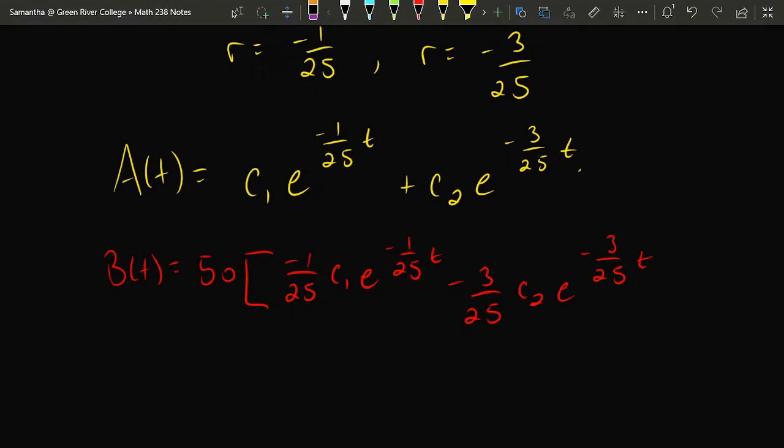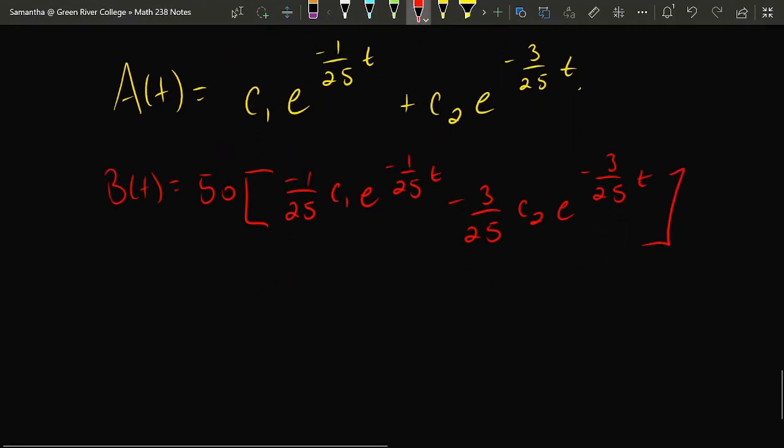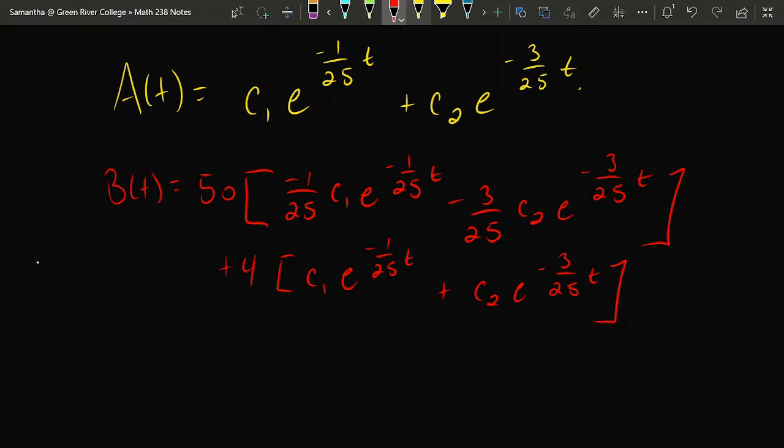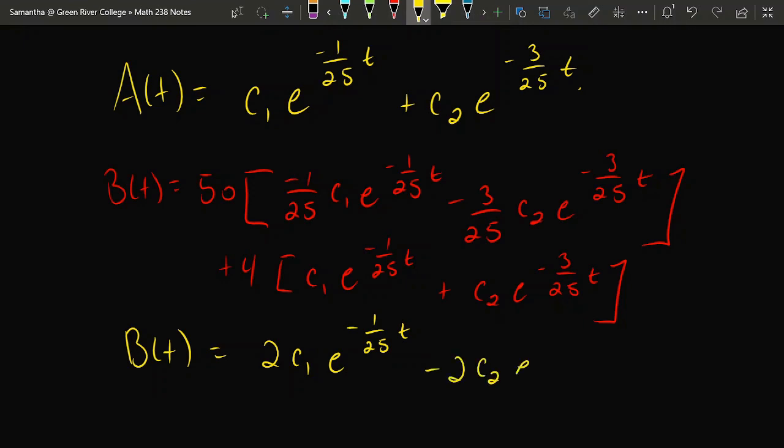It's a terrible bracket. Alrighty, that's a better bracket. And then 4 copies of a, the original a. It looks like it is going to work out to be 2 copies of c1 e to the negative 1 over 25 t and negative 2 copies of c2 e to the negative 3 over 25 t.